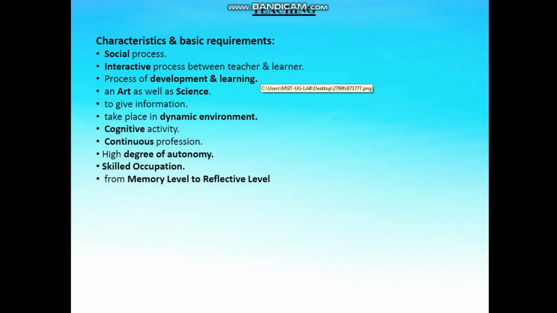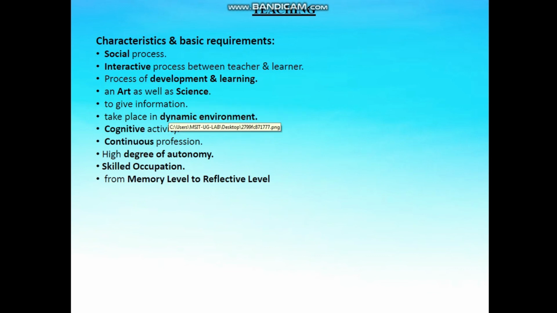Teaching is an interactive process between teacher and learner, and it is essential for the guidance, progress and development of students. It is the process of development and learning. It is an art as well as a science.